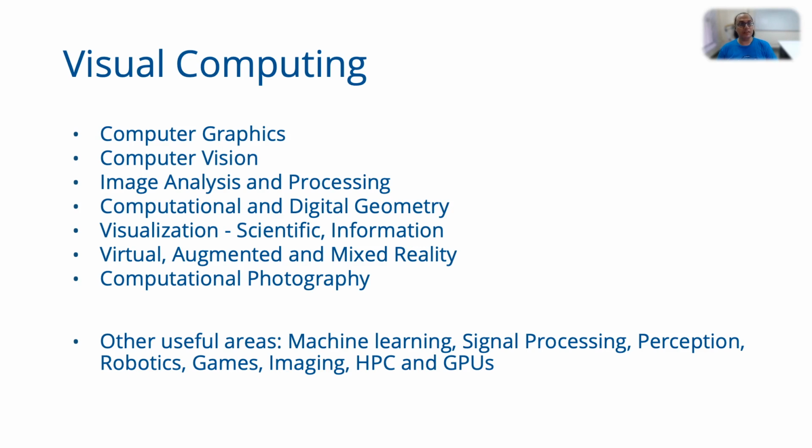There is imaging, medical imaging, scientific imaging, that depends upon further processing using image processing and analysis algorithms. There is high performance computing. There is general purpose computing on GPUs that intersects with visual computing at various areas. Then of course there is speech, which is also kind of signal processing.